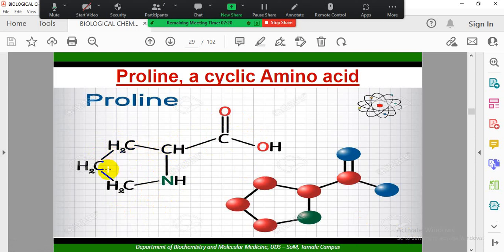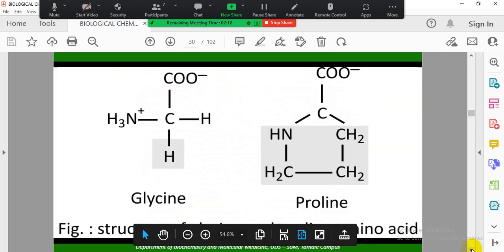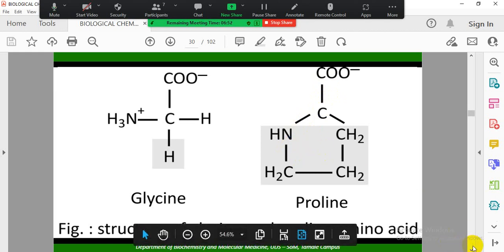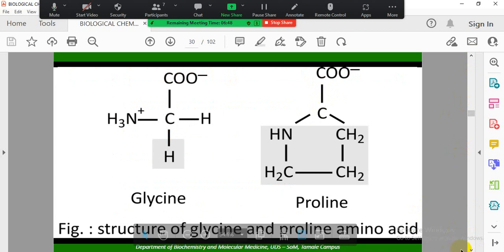The only difference is this CH2, CH2, CH2, which is a cyclic structure. Glycine has the side chain H. Proline has the side chain CH2, CH2, CH2, NH.